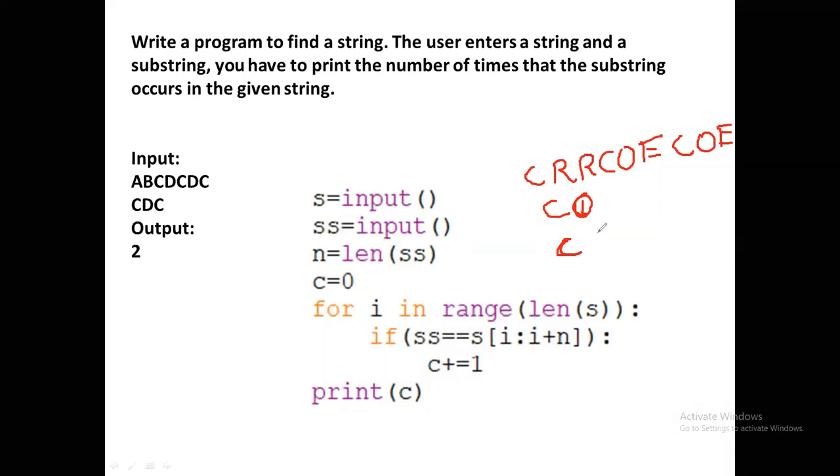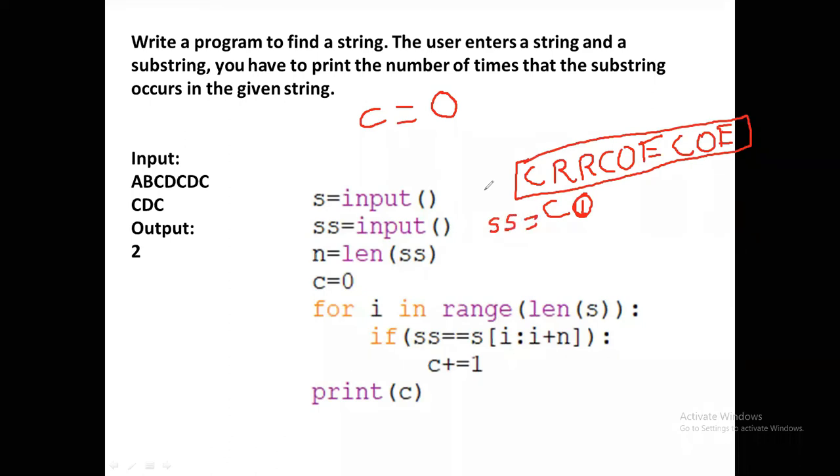For example, this is the CO. So how I solve this problem: initially I am taking a count. Initially I initialize this count value equal to 0. After that, this is the string I am going to search, this is the substring, and this is the string.